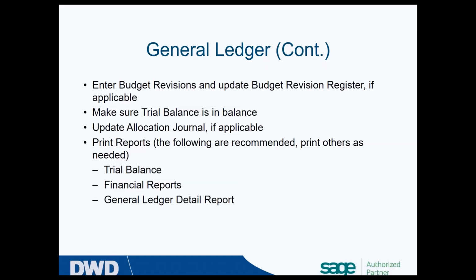If you're doing GL allocations, you want to update your allocation journal. And then you've got a handful of reports that you really might like to review and at least have copies of, especially if you're turning information over to your CPA firm in order to help you facilitate your year-end reporting. Things like the trial balance. We've got financial reports.